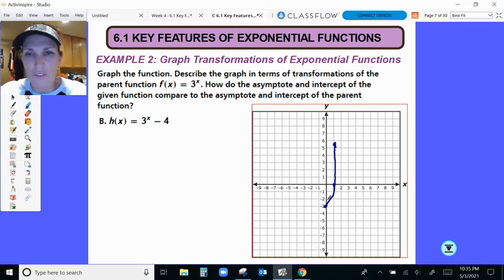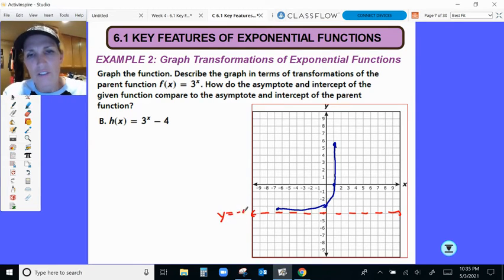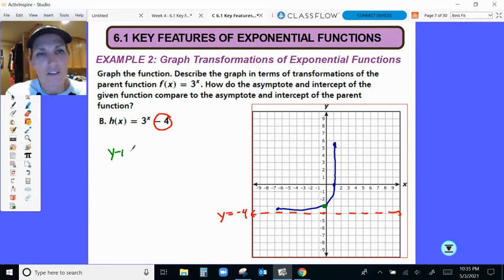I'm just going to sketch the graph really fast. So here's my new asymptote at y equals -4. That shifts down 4 right there. My y-intercept is going to be at (0, -3).